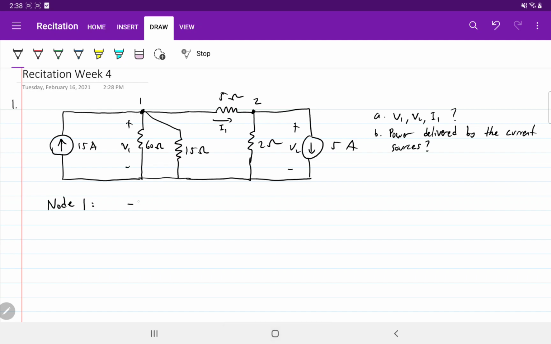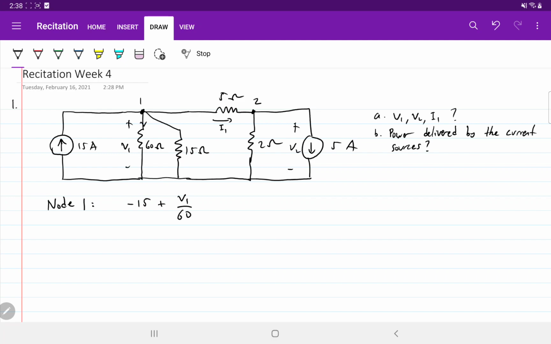So we have minus 15, plus the current going out from that node through this branch, which is V1 over 60, right?